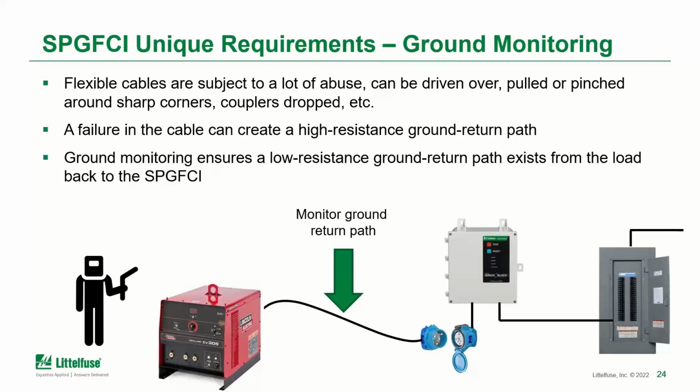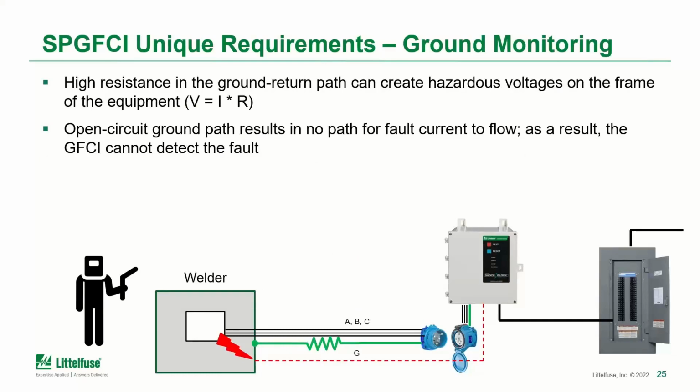Maybe those couplers get banged around pretty hard. That cable can take a lot of abuse. Now, any failure of that ground path, that ground conductor in that cable, could create additional voltage or unsafe voltage on the frame of that welder. So the job of the special purpose GFCI is to make sure that that low resistance ground path exists.